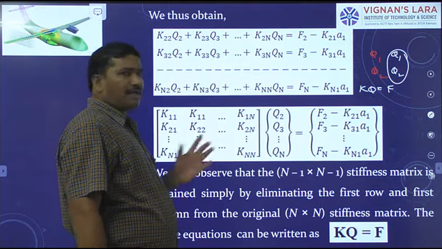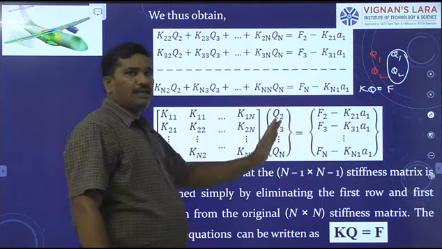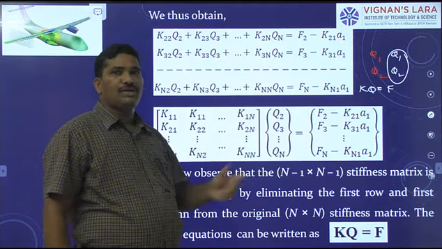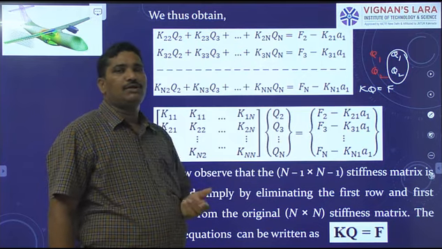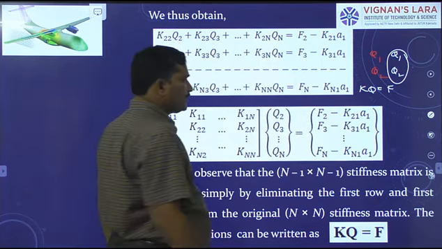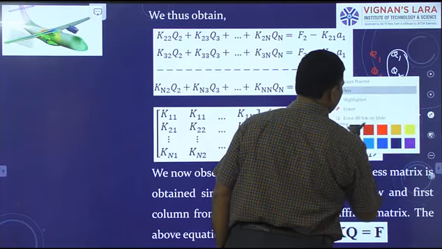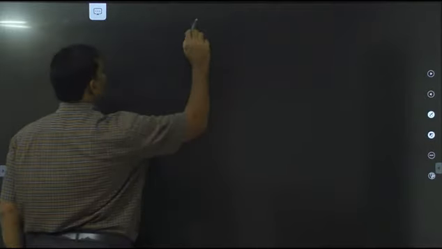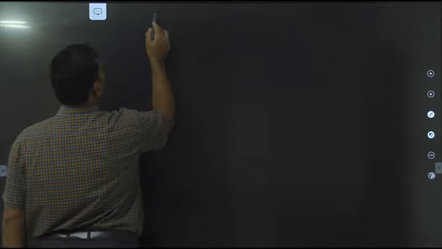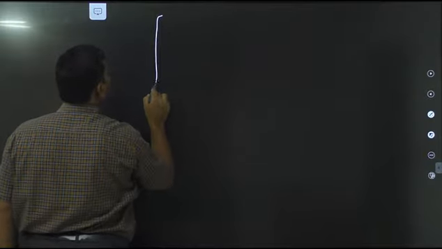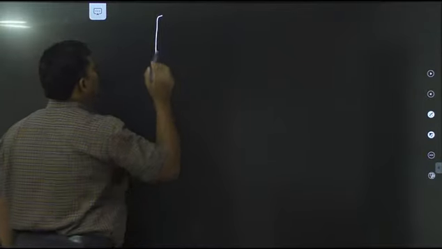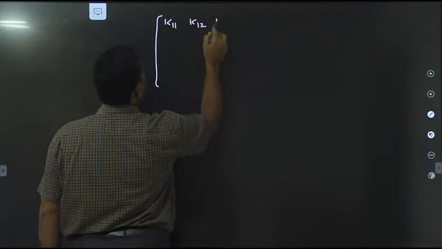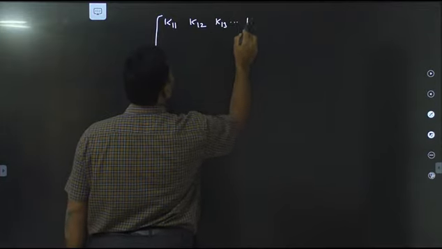Now, I take the equations of equilibrium KQ equal to F and explain with known displacements. Let us see. I write the global stiffness matrix like this: K11, K12, K13 and so on, it ends with K1n.